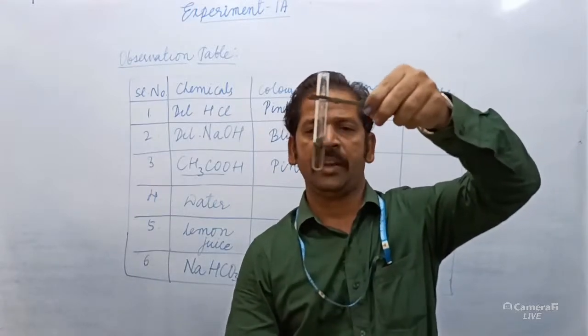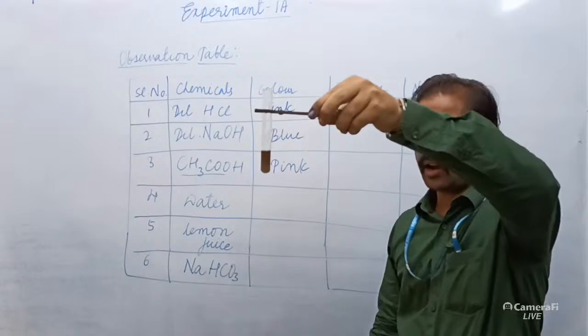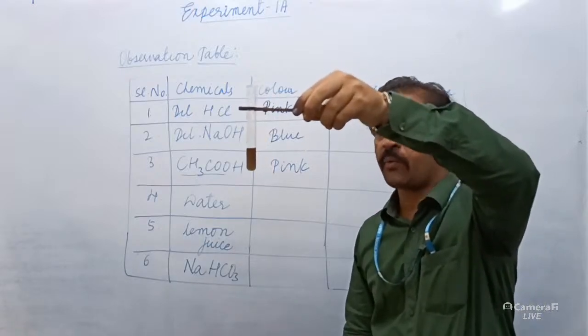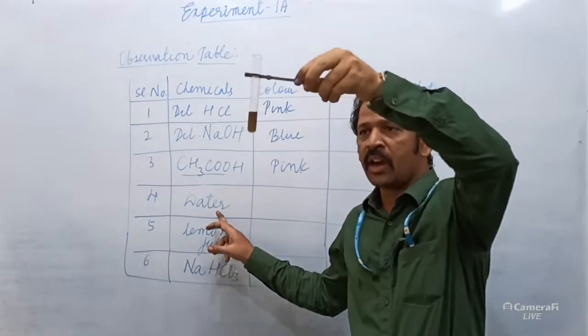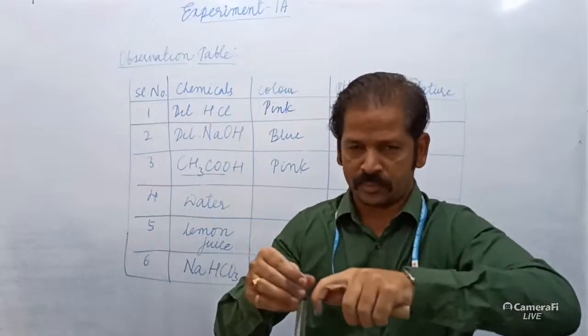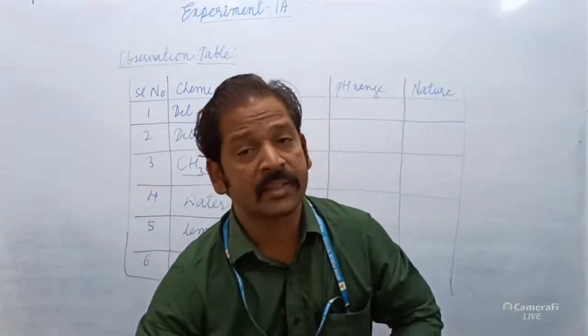Yes, the color is changing to green. The color has changed to green. It is the fourth chemical. The fourth chemical is water. I'll keep it here. The color is green.